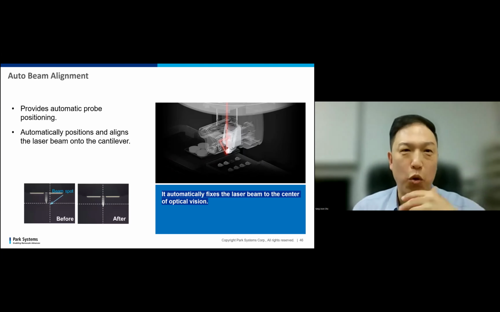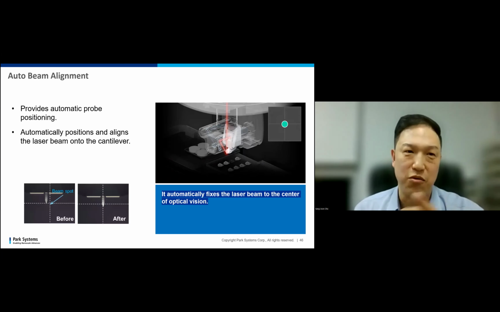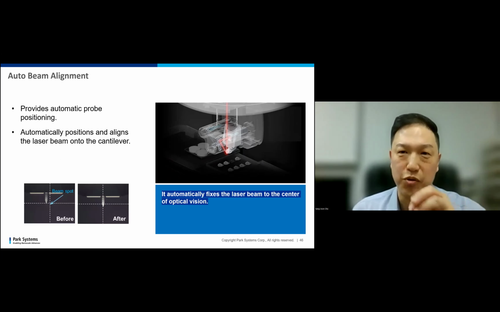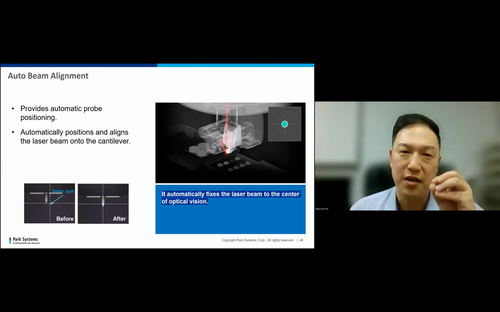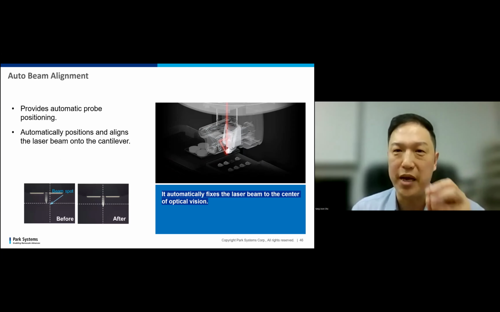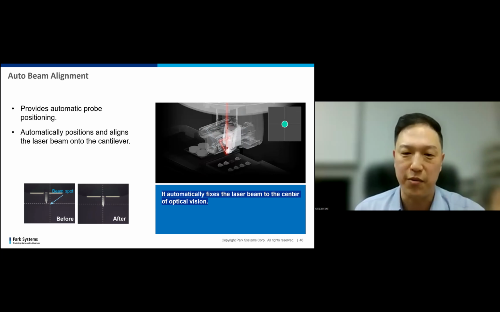And it provides automatic probe positioning, using machine learning also. So it automatically positions and aligns the laser beam onto the proper location of the cantilever. It automatically fixes the laser beam to the center of the optical microscope vision, and allows laser alignment by moving the optic stage to the cantilever positions.